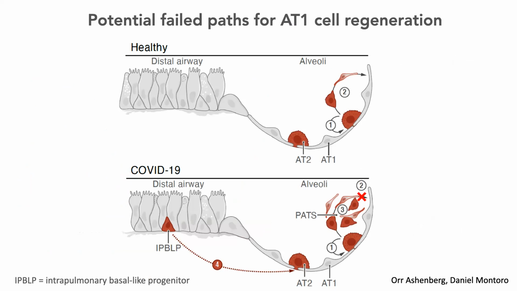On top, we're showing healthy, where AT2 cells self-renew and differentiate into AT1 cells. And on the bottom, in COVID-19 alveoli, we think that AT2 self-renewal and AT1 differentiation pathways are really inhibited. And this results in that PATS accumulation that I showed you and recruitment of airway-derived intrapulmonary basal-like progenitor cells to the alveoli.